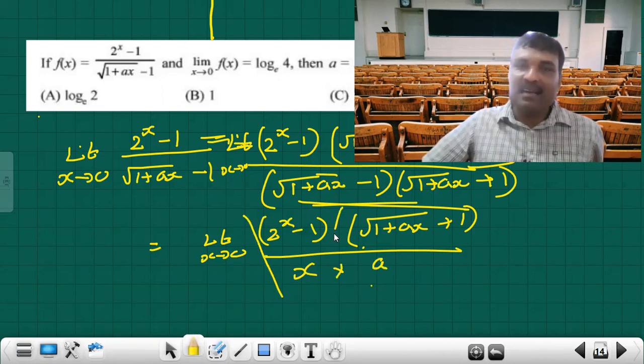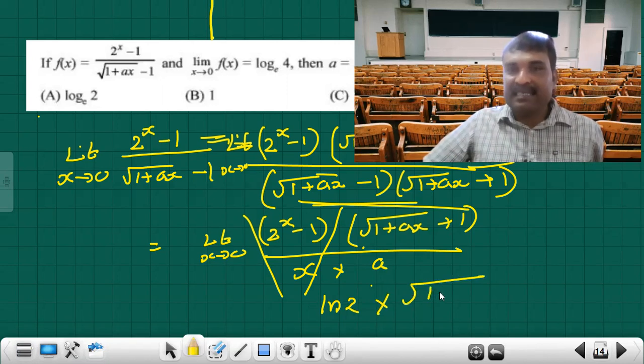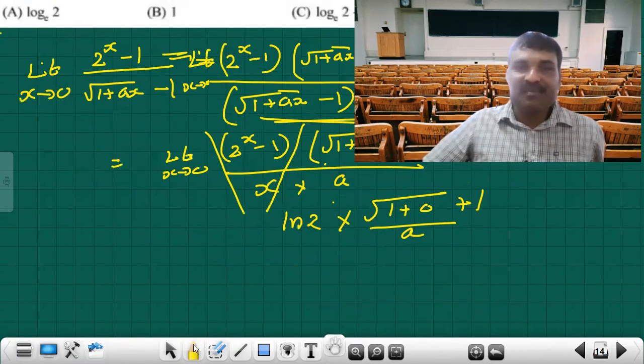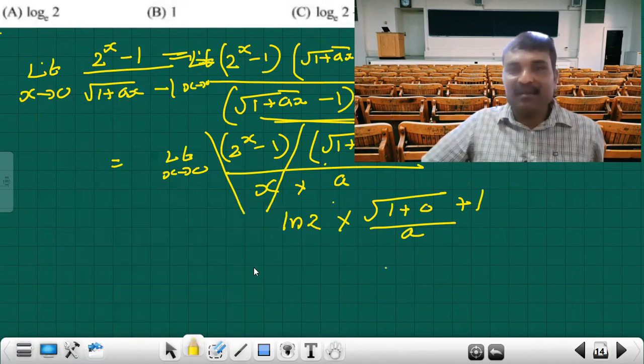This is a standard limit. So the value is ln2, right? Into, we can put ax equal to 0, so root of 1 plus 0 plus 1 divided by a, right? So what is the value? The value of this becomes 2 times ln2 by a.